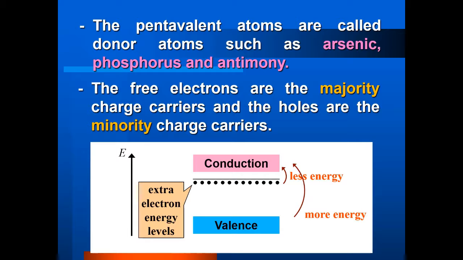So it is easier to excite the electron to conduct electricity compared with getting an electron out from the covalent bond. This is the comparison between the energy levels. That's why the N-type semiconductor can conduct electricity more easily compared with the pure semiconductor.